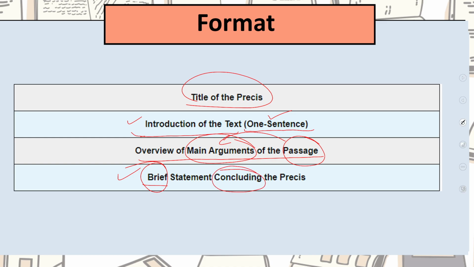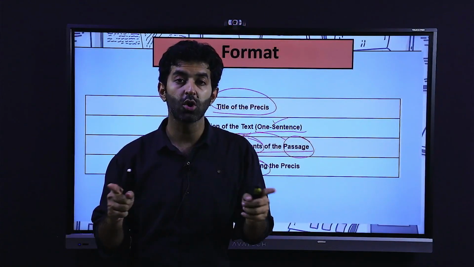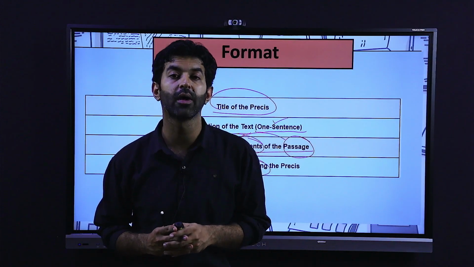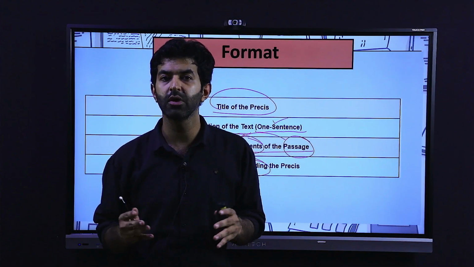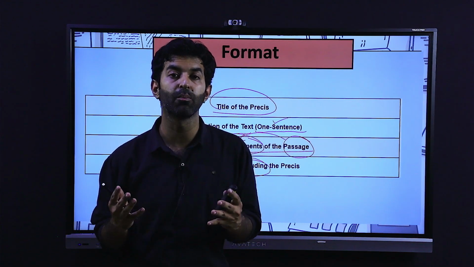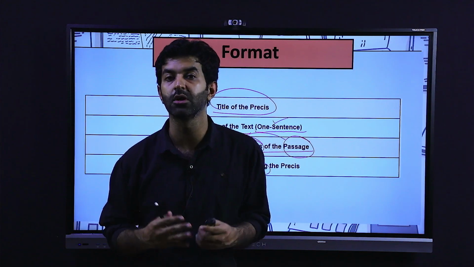So you have title, introduction, overview of main arguments, and a brief statement that concludes your Pressy. So this is the format that we need to keep in mind when we are writing, or even when we are identifying or checking a good Pressy. So this is the criteria and benchmark, and this is the format that we need to follow.